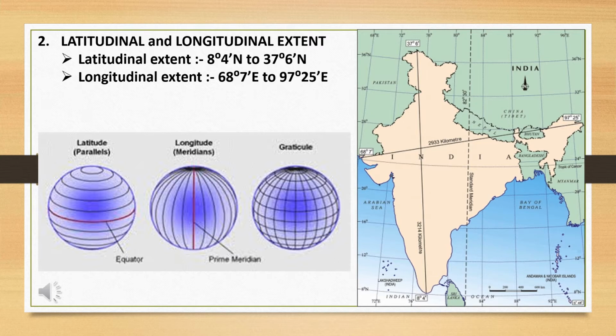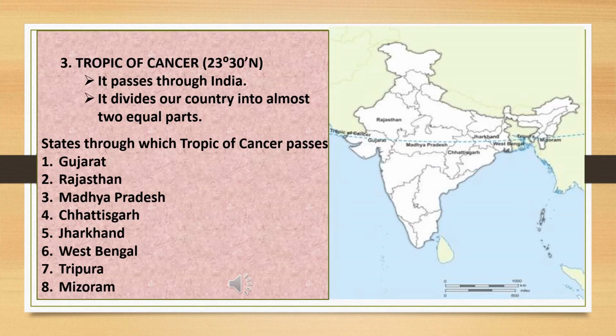Number 3. In case of India, you always keep in mind that the latitudes will be in the northern hemisphere and longitudinal value will always be in east because India lies in northeastern hemisphere. The location of a country on the globe is as such that a very important latitude whose value is 23° 30 minutes north, that is Tropic of Cancer, passes through India and it divides a country into almost two equal parts.